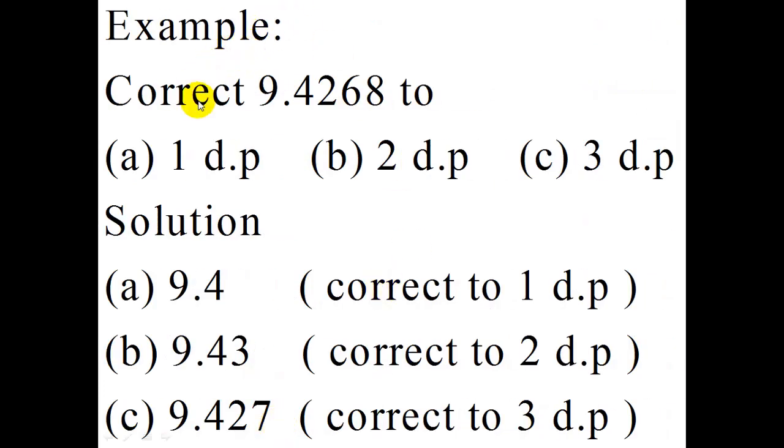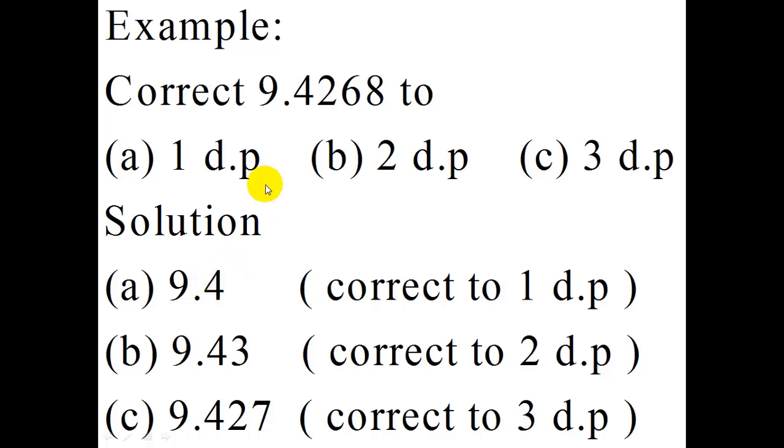Example, correct 9.4268 to A, 1 decimal place, B, 2 decimal places, C, 3 decimal places. Solution: A, 9.4. Now when we correct 9.4268 to 1 decimal place, the answer is 9.4.